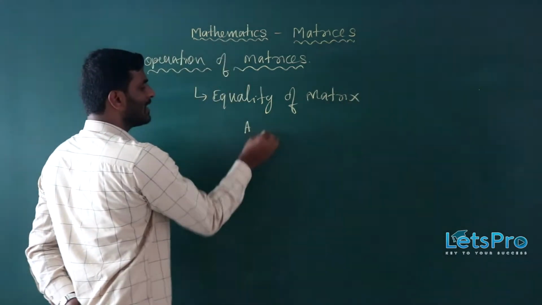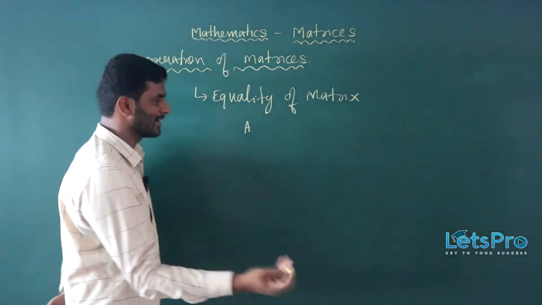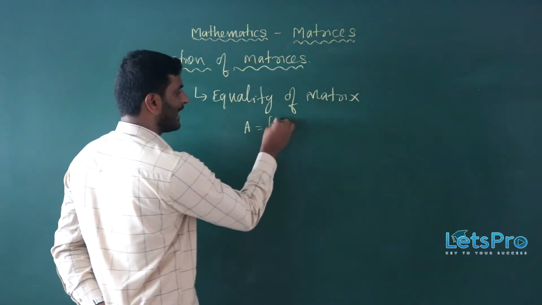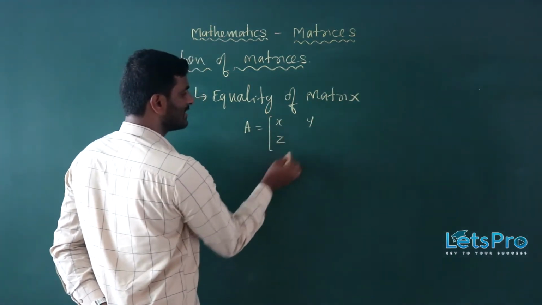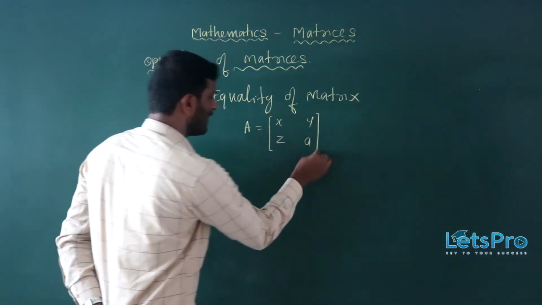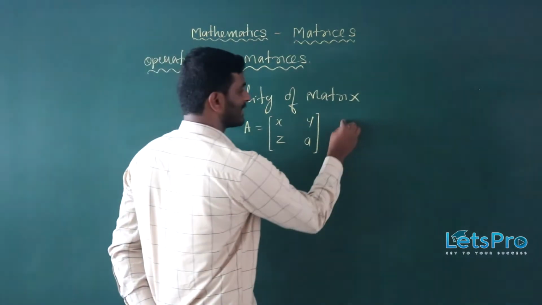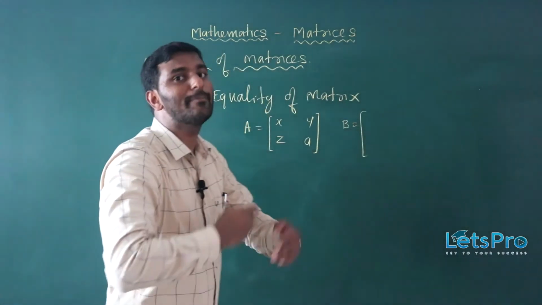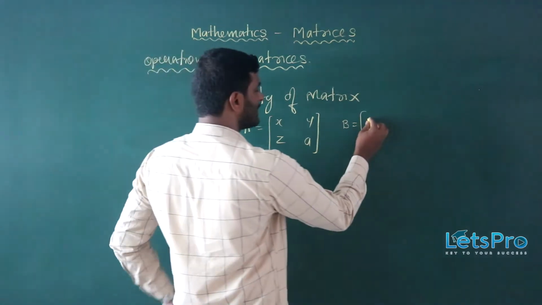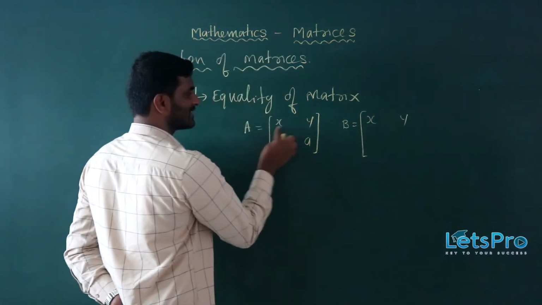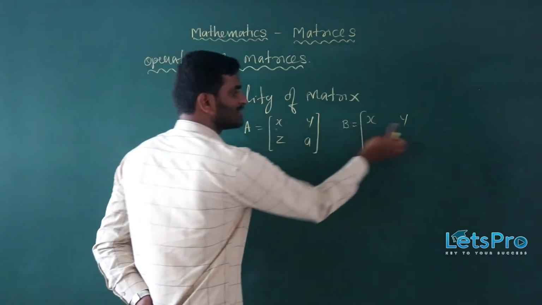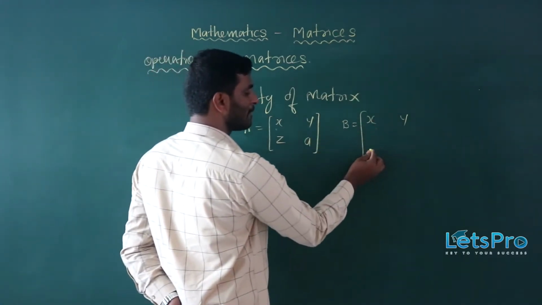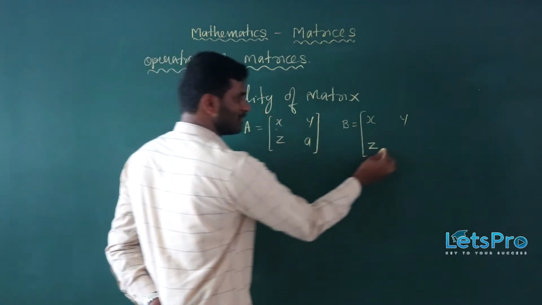If A and B are any two matrices, and A is equal to the B matrix, then the corresponding elements are equal. Corresponding elements means here x is equal to x, y is equal to y, z is equal to z, a is equal to a.